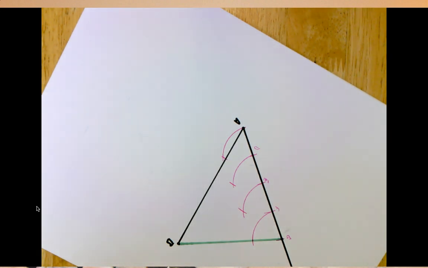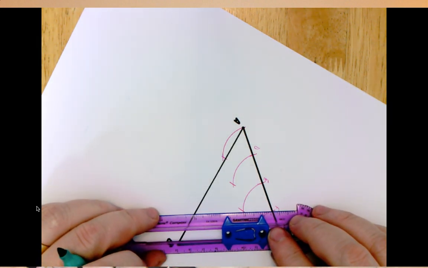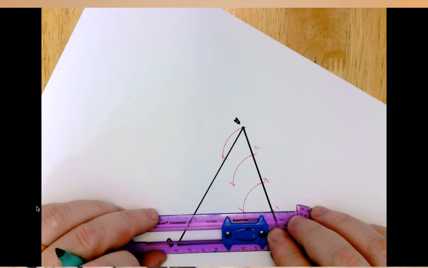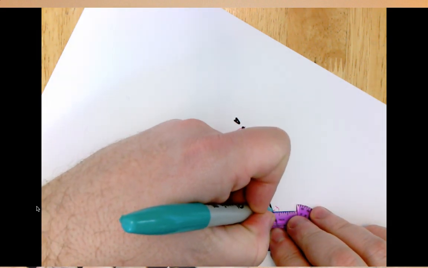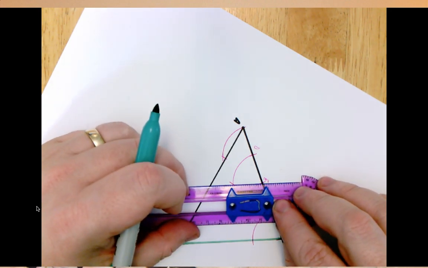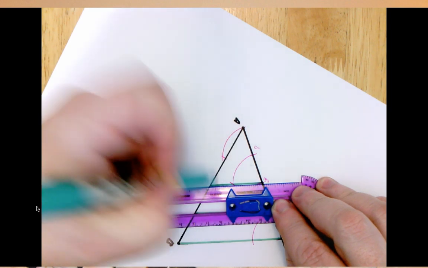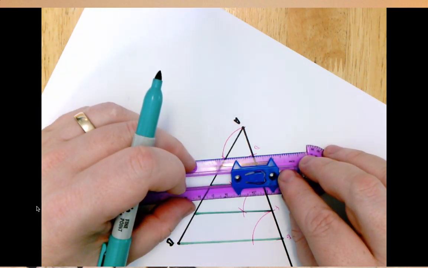And now I can connect from F through the intersection, E, same thing, and D.